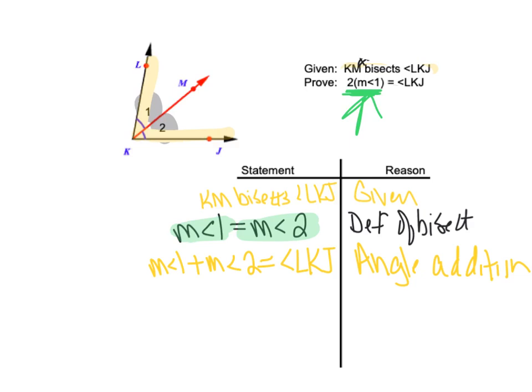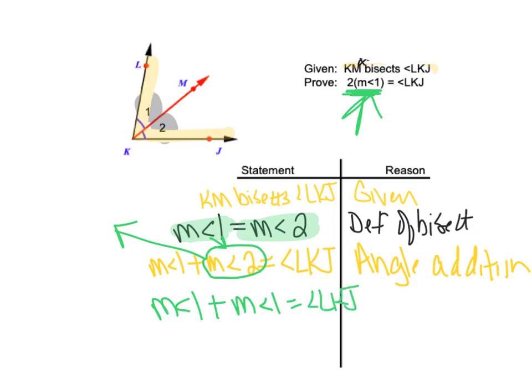I can do that because anywhere I see an angle 2, I can take it out and put an angle 1 in its place, because they're interchangeable. So I can say the measure of angle 1 plus the measure of angle 1 equals the whole thing. All I did there was substitute.